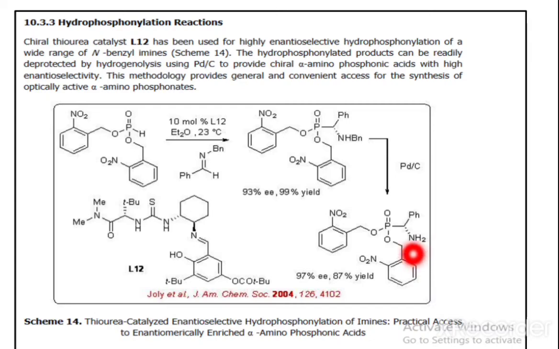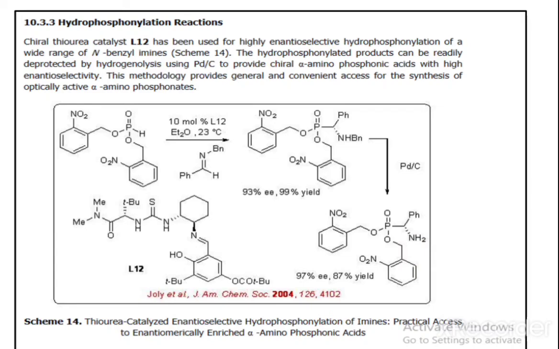NHBn will be converted into NH2 groups. Okay, now palladium on carbon provides the chiral alpha amino phosphonic acid with high enantioselectivity. The methodology provides a general and convenient access for the synthesis of optically active alpha amino phosphonates.